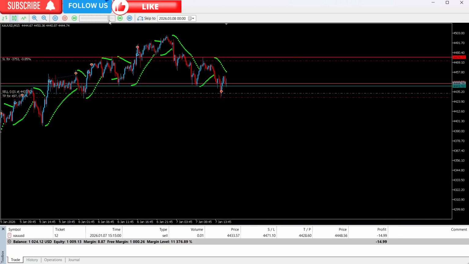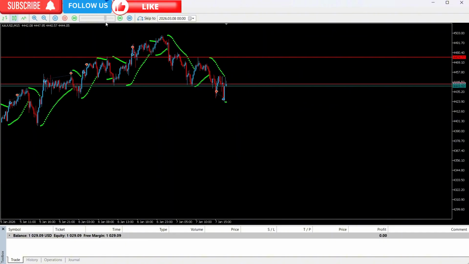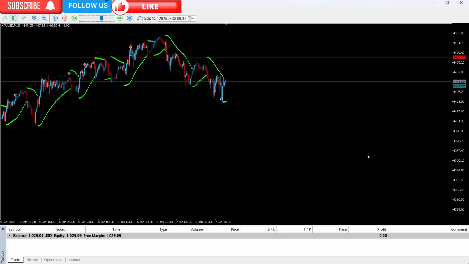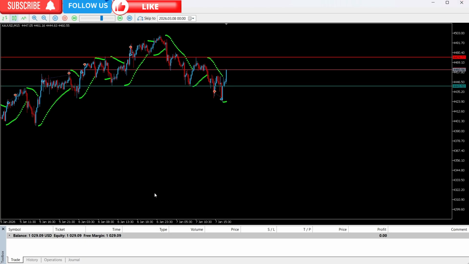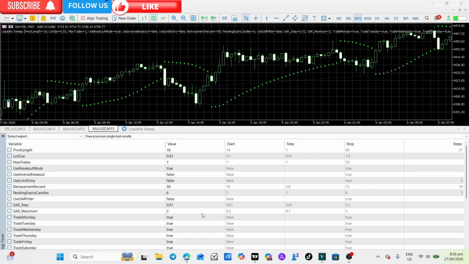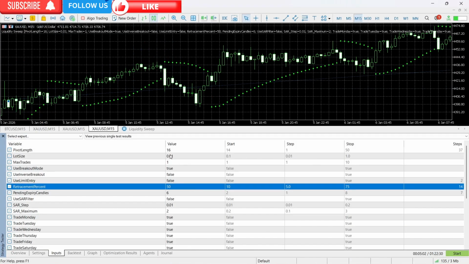There we go, another quick scalp. It's already made about $30 off those 6 trades. And obviously, we're using the smallest lot size. So if it was 5 times the size, we could have made about $150 already.